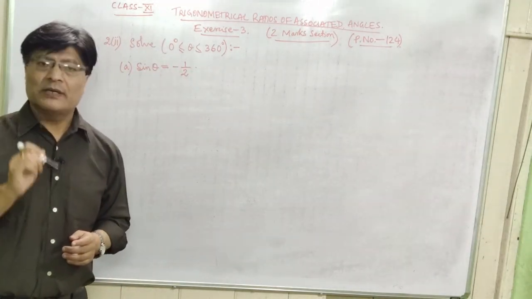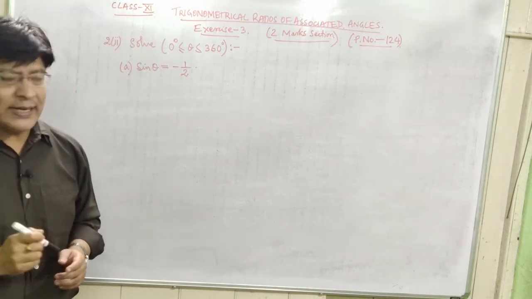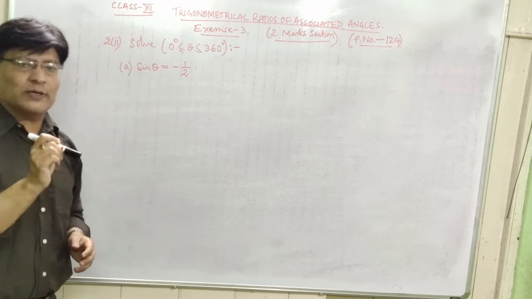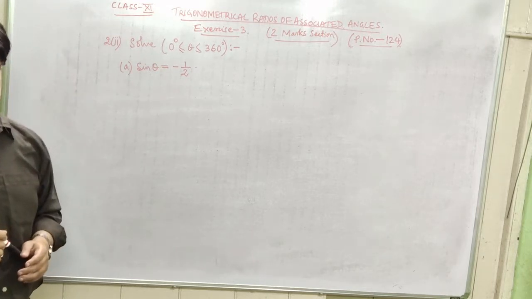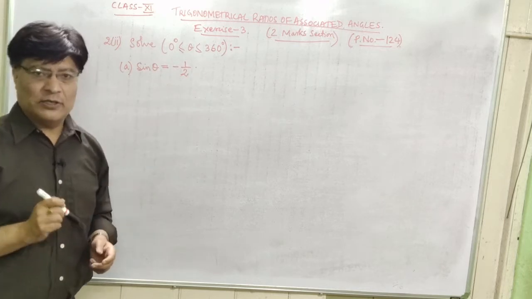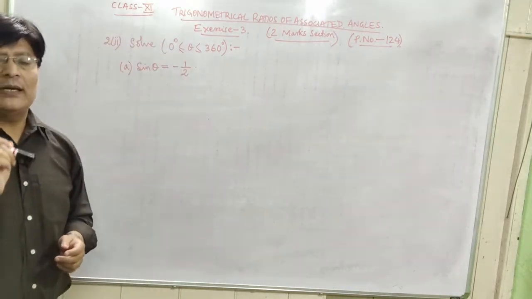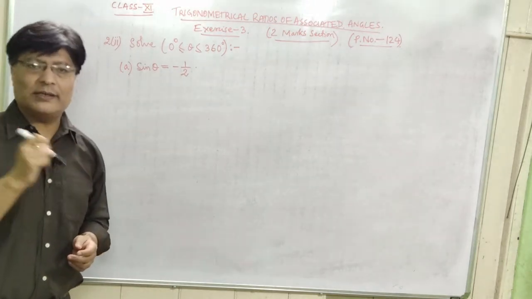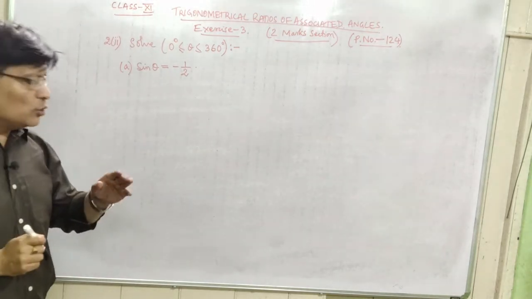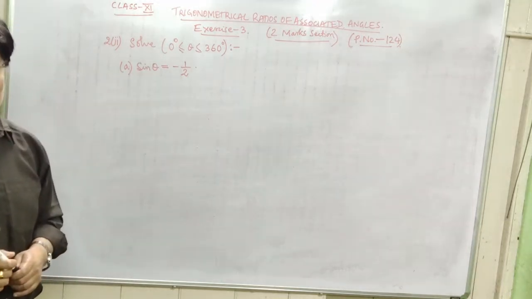Is that clear? Now since here sine theta is given as negative, the value of theta lies in the third quadrant and in the fourth quadrant. So you should find out the value for theta in the third quadrant and in the fourth quadrant.